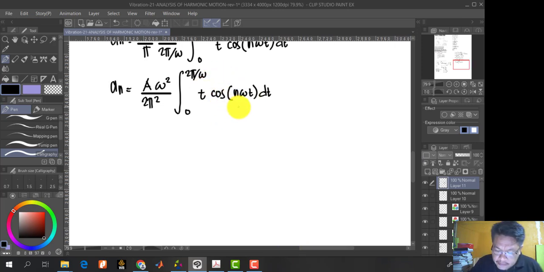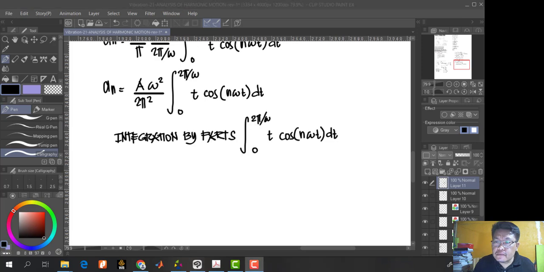Now eventually what we're going to do here, we will be using integration by parts, no? So let me write here the equation of my integration by parts. Since we cannot solve this one individually, we're going to have to do an integration by parts, no?